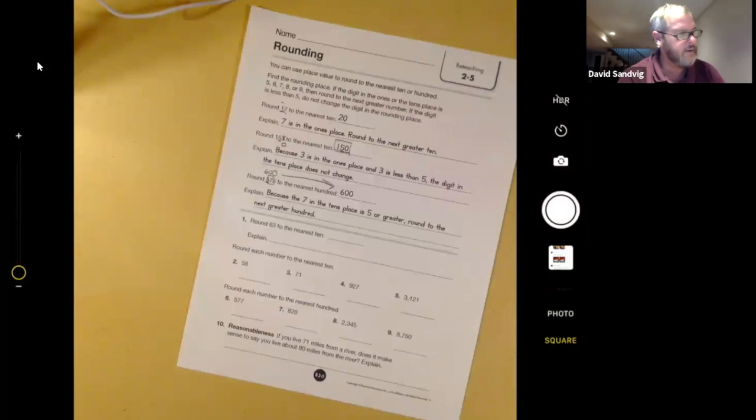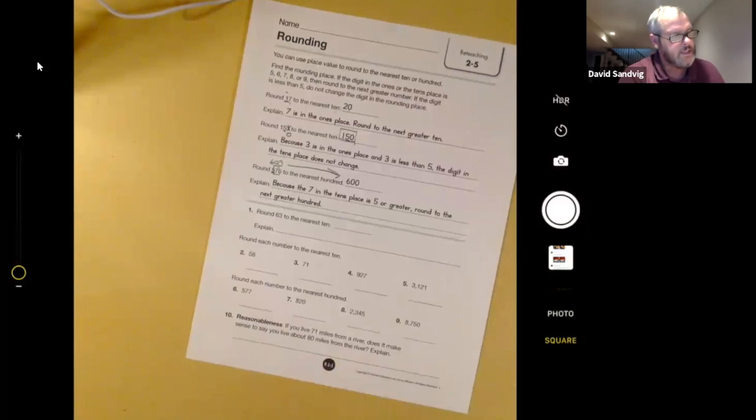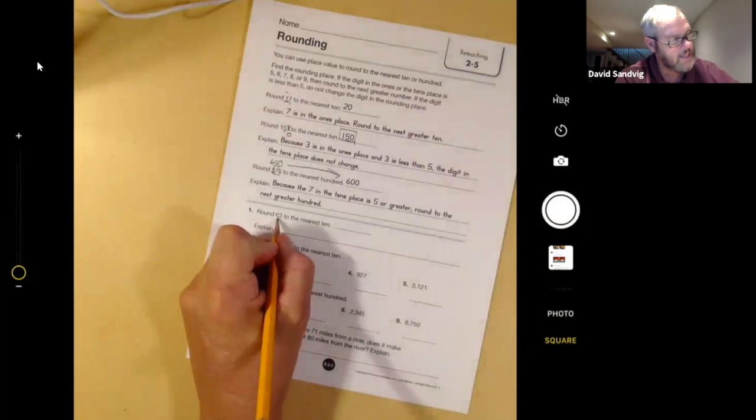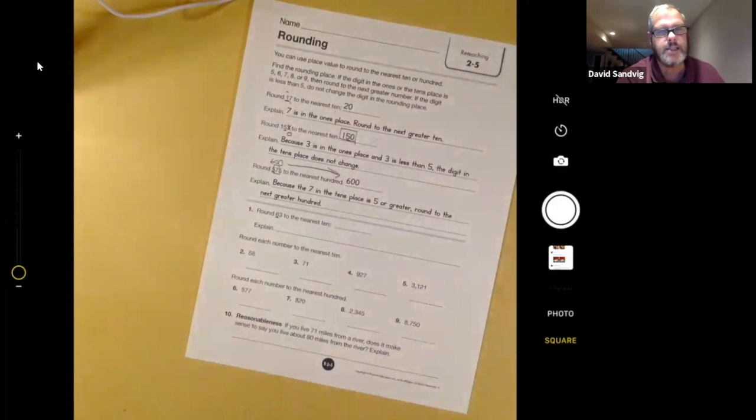Let's do number 1. Round 63 to the nearest 10. So our rounding number is in the tens place. That's the 6. Which number do we use to round? That's right.